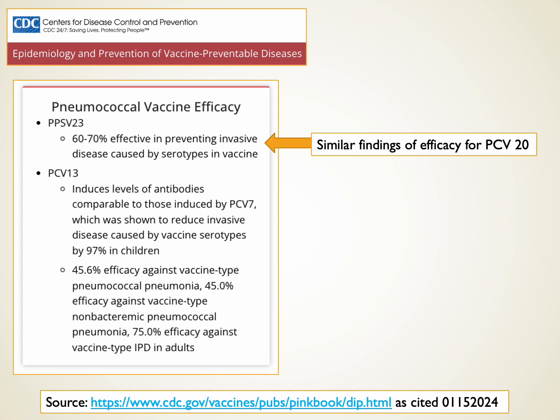The newer PCV20 was not available when this data was published by the CDC in 2021. The PCV20 is the standard pneumococcal vaccine now in adults, and particularly over the age of 65. And the data for that is at least as good as the older data was.